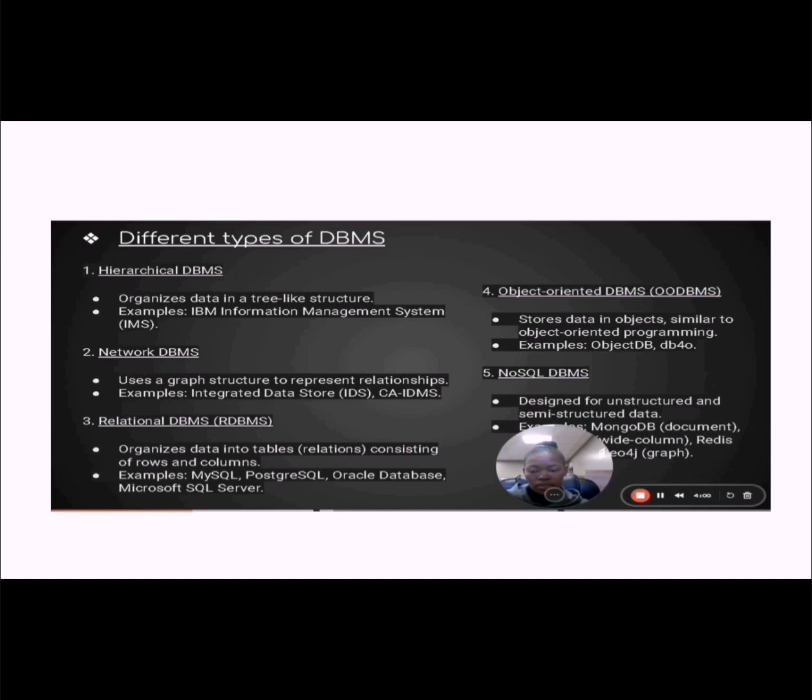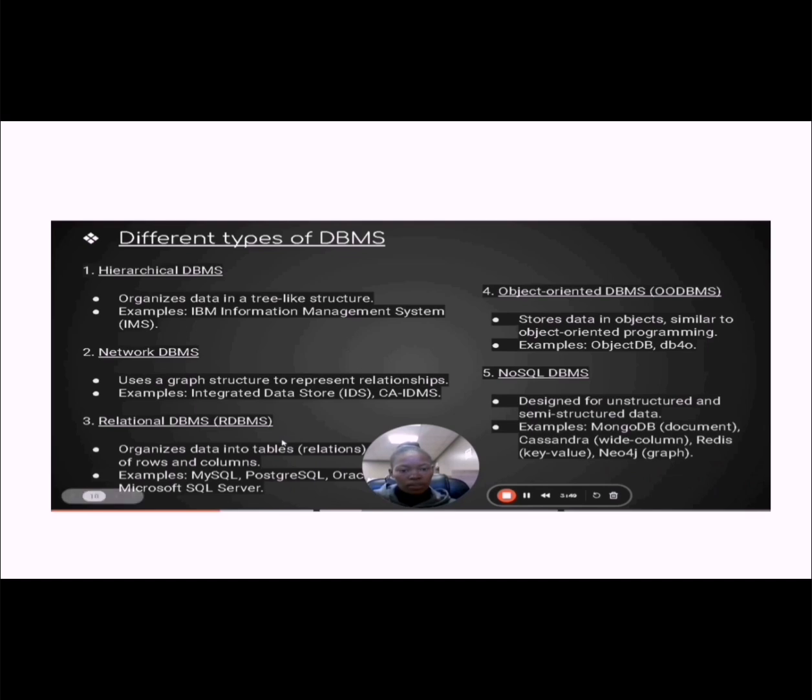We have a relational database management system that organizes tables consisting of rows and columns, which is the database management system that we are using for our Brownfields projects. And number four, we have an object-oriented DBMS, which stores data in objects similar to OOP. Number five, we have a NoSQL database management system, which is designed for unstructured and semi-structured data.